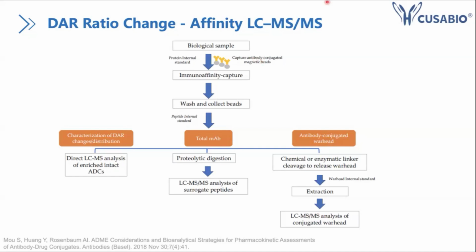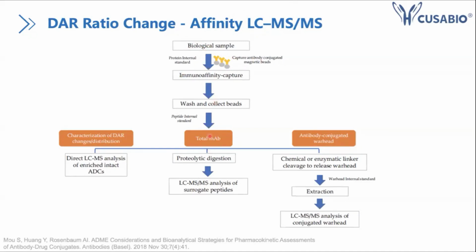Generally for this type of assessment, we use affinity mass spec to perform the analysis. We isolate and enrich the ADC molecules from the complex biological matrix. That is to say, we use different capture reagents to capture the ADC from biological samples. And usually, as far as I know, this assay is commonly done with magnetic beads.